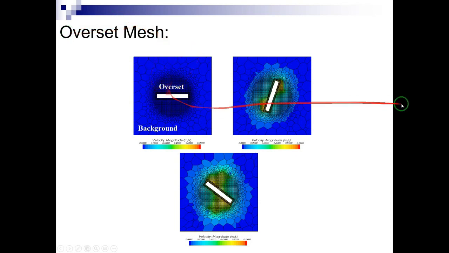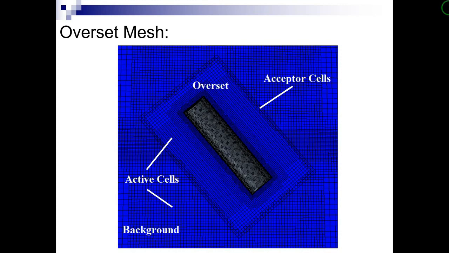One important advantage of the overset mesh technique is that it allows the simulation of complex motions. As shown in this figure, depending on the position of the cells within the computational domain, they can be used as active, passive, and acceptor cells. Active cells are the cells that actually are used for the simulation, and the governing fluid flow equations are solved within them.